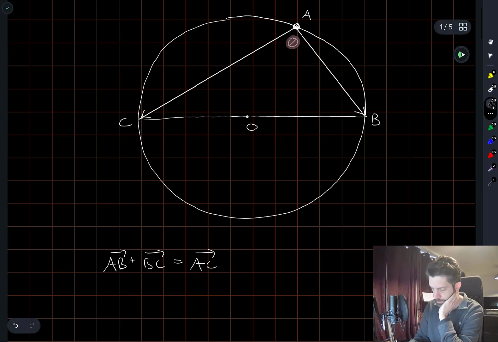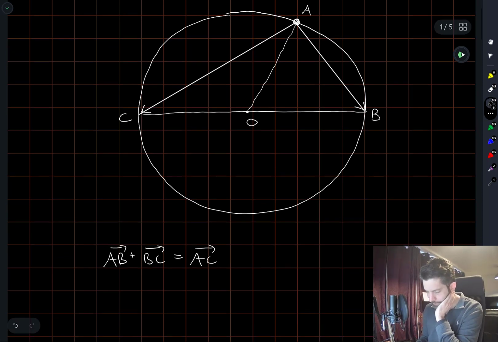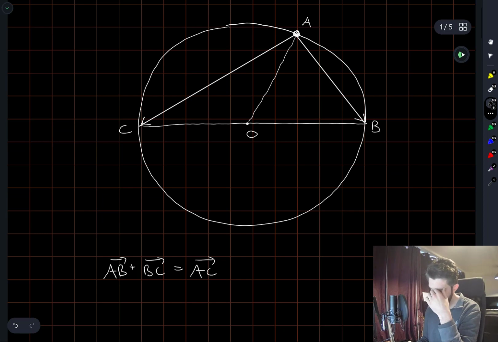It may also help at some point to consider the vector AO.